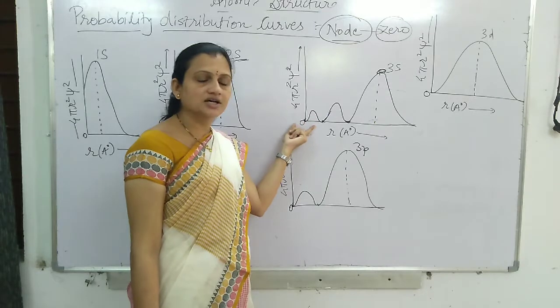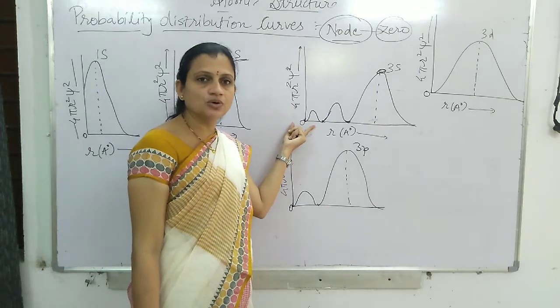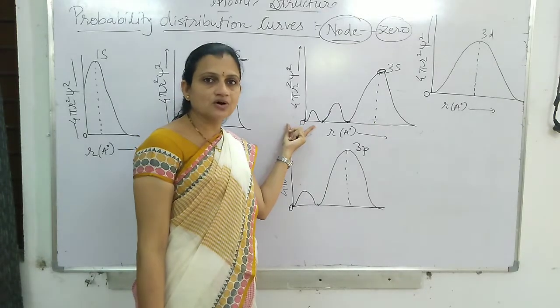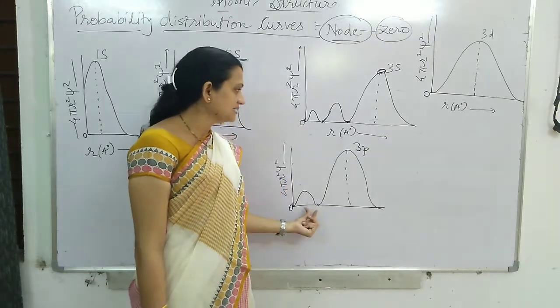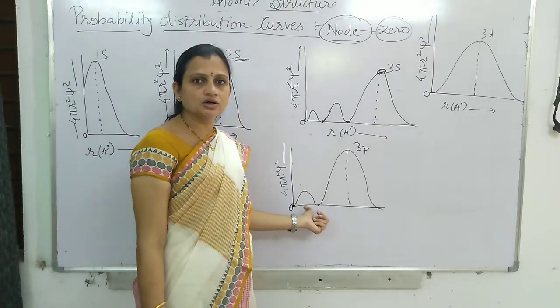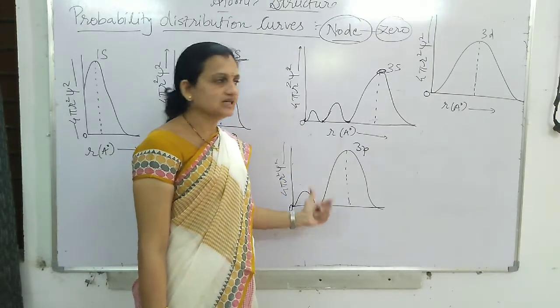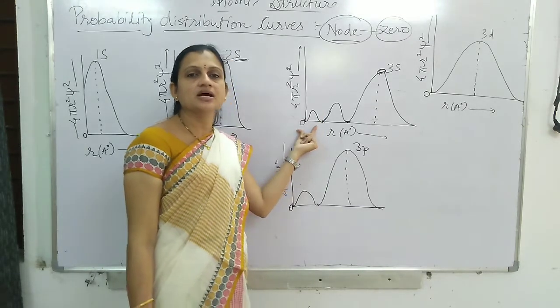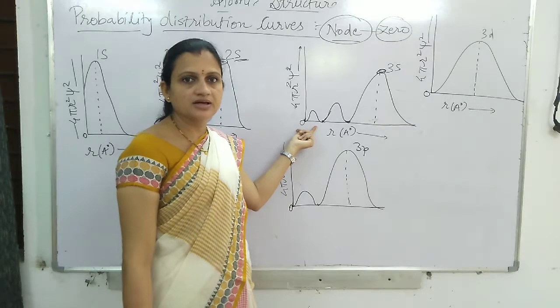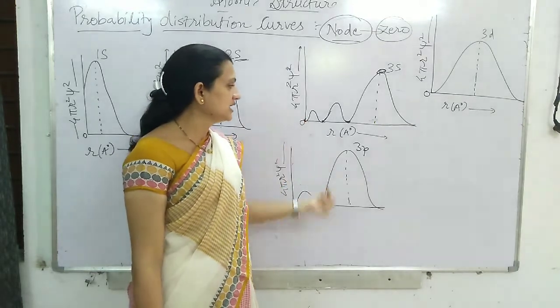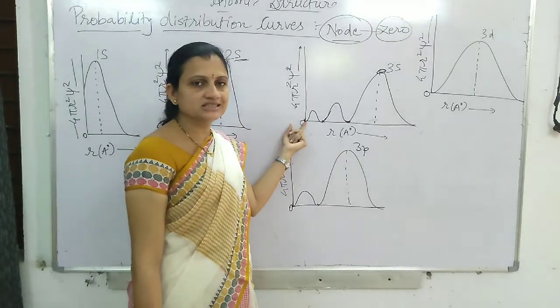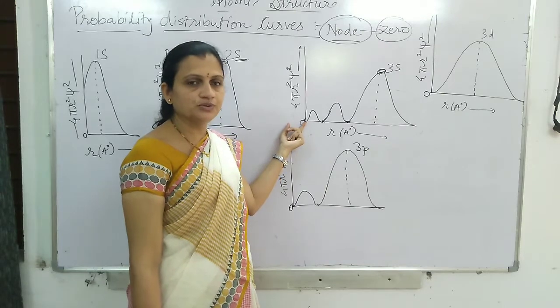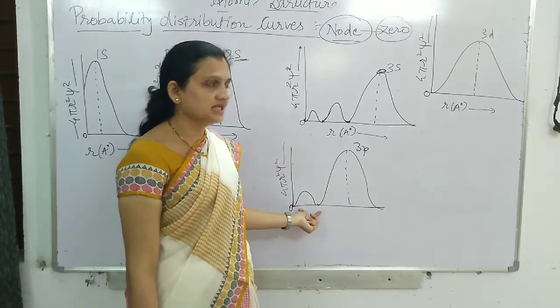Therefore, the first curve of the 3s orbital is close to the nucleus, or close to the origin, as compared to the 3p orbital.